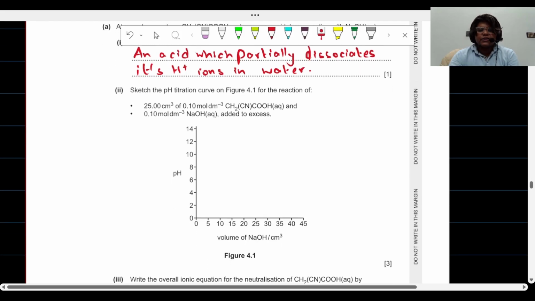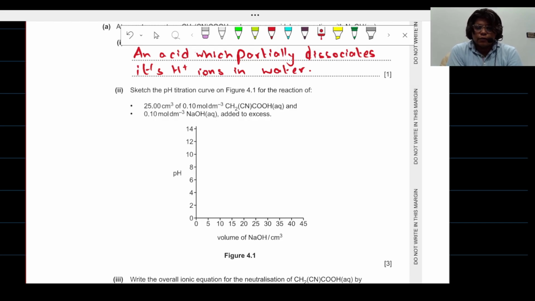Then in part 2, it says to sketch the titration curve on figure 4.1 for the reaction of the cyanoethanoic acid with NaOH, right? So we have only one functional group for the acid here. This will behave as an acid, and this will behave as the base. So at the end, the ratio is 1:1. 1 mole of NaOH will react with 1 mole of cyanoethanoic acid.